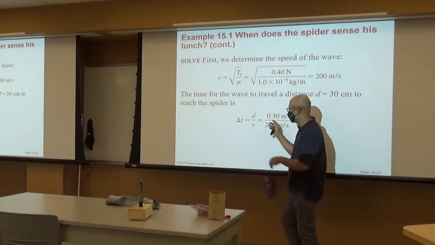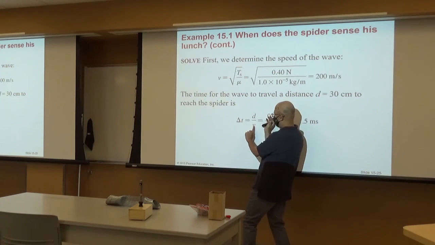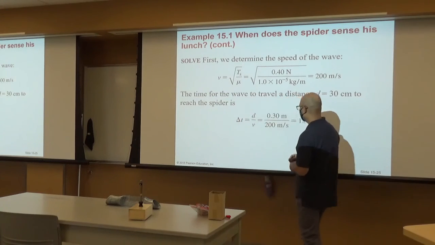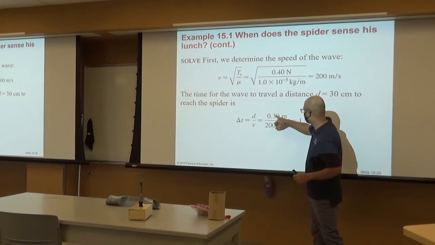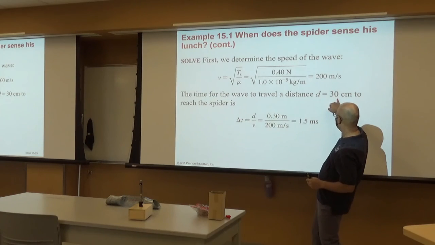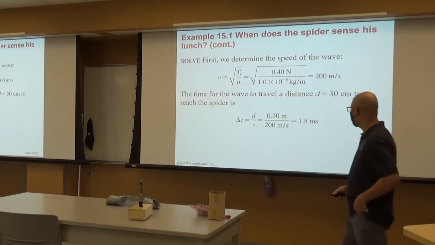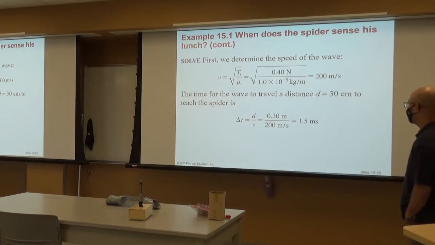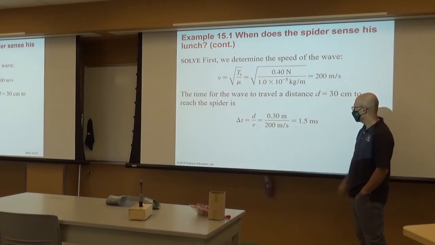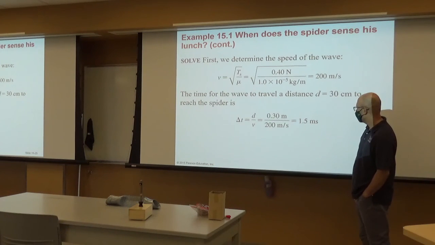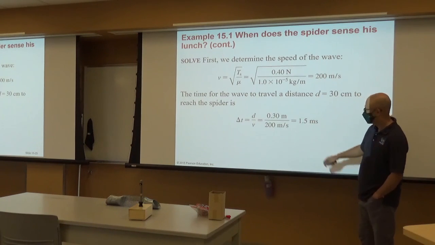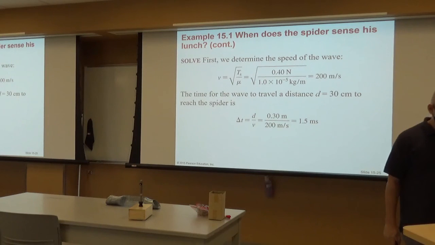That's the formula that you learned in physics 1. Velocity is distance over time, so time would be distance over velocity. The time is given by the distance, which is 0.3 meters, divided by the speed. So 1.5 milliseconds. That's pretty fast, 1.5 milliseconds.